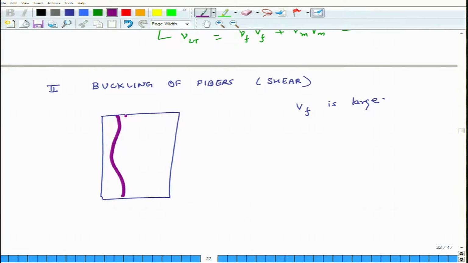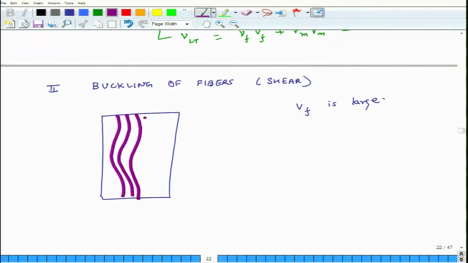So, the next fiber will also buckle like this. It cannot buckle in the other direction, because the space available for it to buckle is very limited. Okay. It can only deform the matrix. So, this is shear buckling.